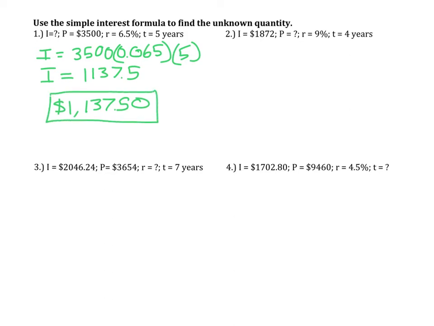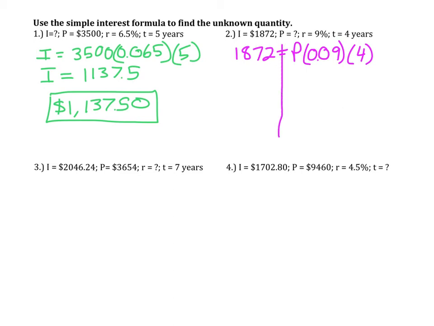In number 2, we know the interest, but we're looking for the principal. We also know the rate and the time. So we're just going to use all that information again to do the same thing. I equals P times R, that's 0.09, times T, the number of years.